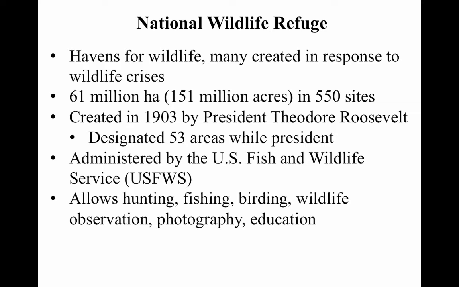Teddy Roosevelt is often associated with the wildlife refuge, given the naming of the teddy bear was after some of his actions while hunting in these lands. He himself designated 53 areas while he was president, and now there are 550. But he definitely got things off to a very good start by including huge amounts of land, most of them out west. It's administered by the U.S.